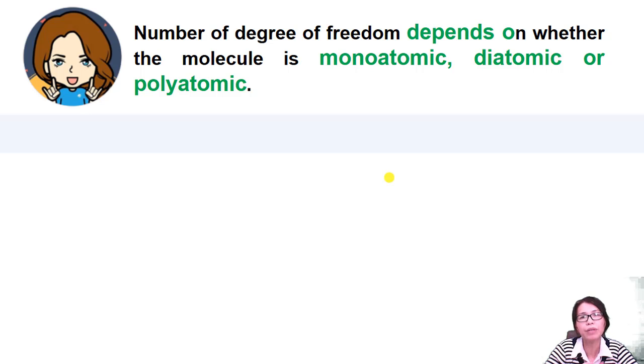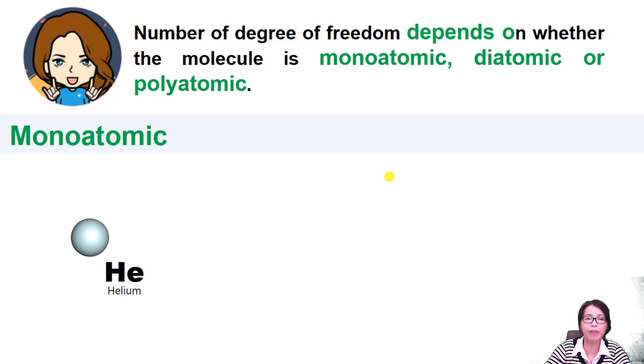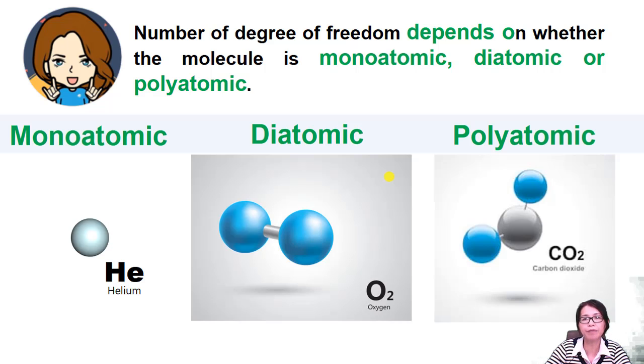The number of degrees of freedom depends on whether the molecule is monoatomic, diatomic or polyatomic. So different types of gases might have different numbers of degrees of freedom. It depends on whether the gas is monoatomic, for example helium, or diatomic, for example oxygen, or polyatomic, for example carbon dioxide.